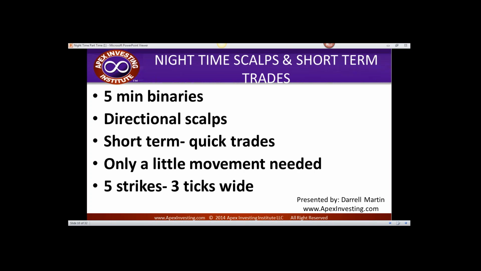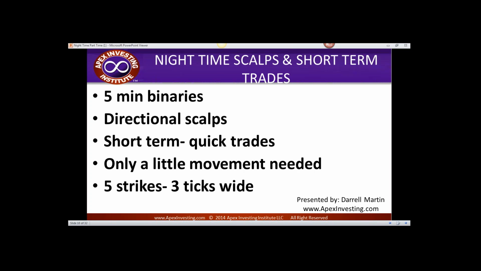But I want you to understand how powerful the 5-minute binaries are, okay? The way that we trade, and I know everybody's got their own trading style and systems and a bunch of different ways to trade them, the way that we trade 5-minute binaries are scalp trades. We do very quick, short-term directional scalps, where we get in and we get out.